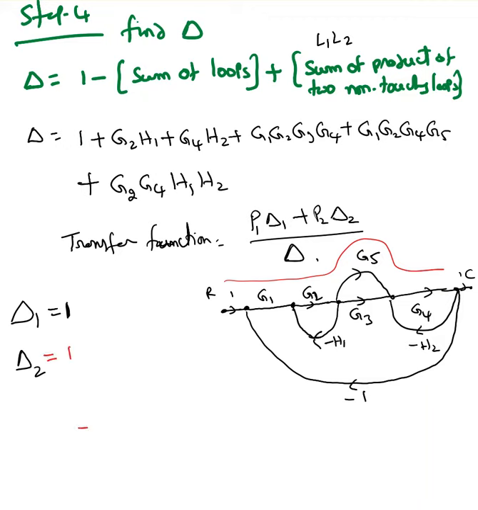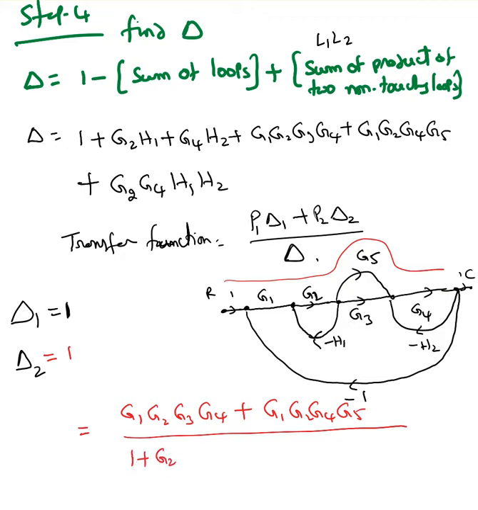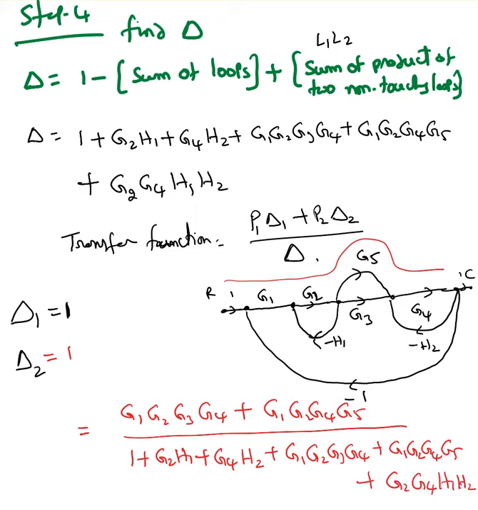So the transfer function equals P1, which is Z1Z2Z3Z4 plus Z1Z2Z4Z5, multiplied by delta 1, which is 1, over delta, which is 1 plus Z2H1 plus Z4H2 plus Z1Z2Z3Z4 plus Z1Z2Z4Z5 plus Z2Z4H1H2.